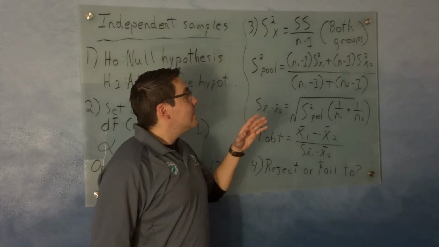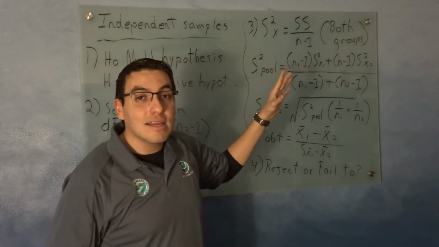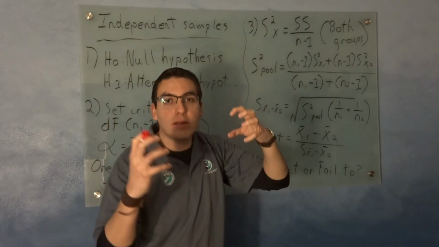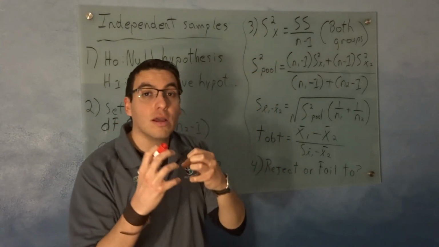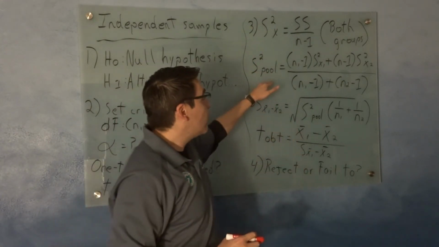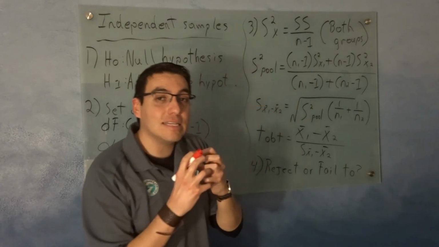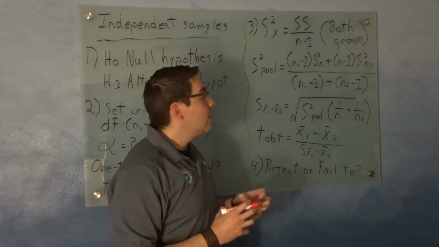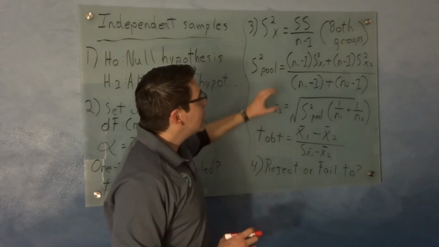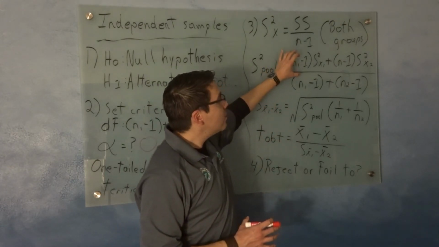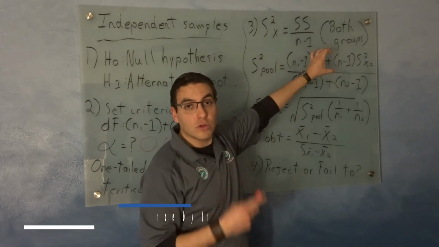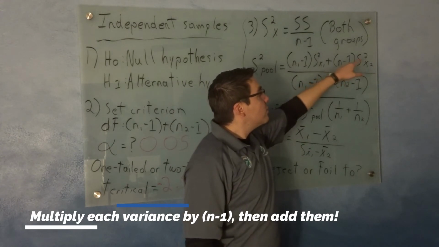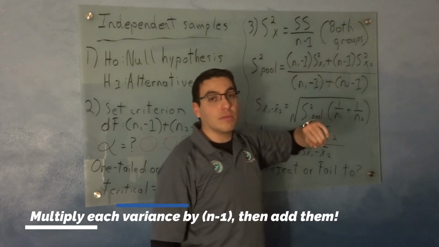Then, the pooled variance is the headache. Because you have variance in two groups, but you want to glue it. You want to put it together. To put it together, you need to find a formula, a statistic, to pool the variance. It's called the pooled variance. What you got to do is multiply n minus 1 from the first group by the variance of the first group, and you're going to add n minus 1 multiplied by the variance of the second group.